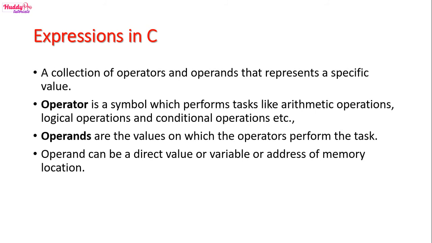So here the operand can be a direct value or a variable or address of memory. It can be a direct value like 5, 6, 10, 100, negative 10, or it can be a variable like a, word, average, sum, total, and so on.